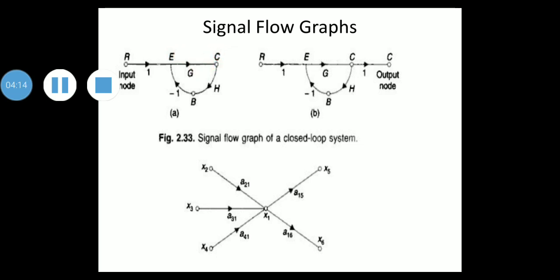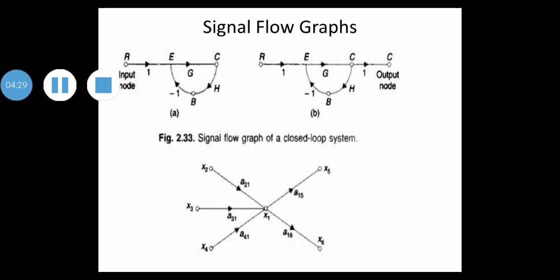So the value of the node variable C is equal to G into E.